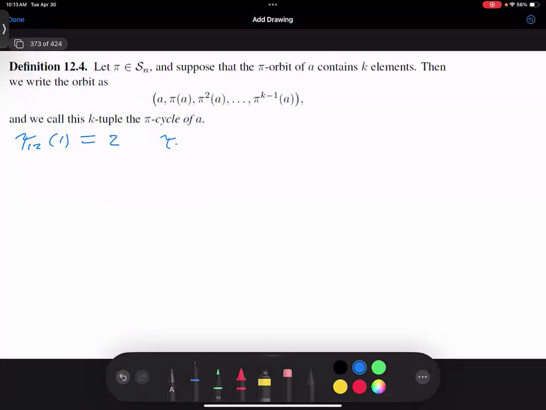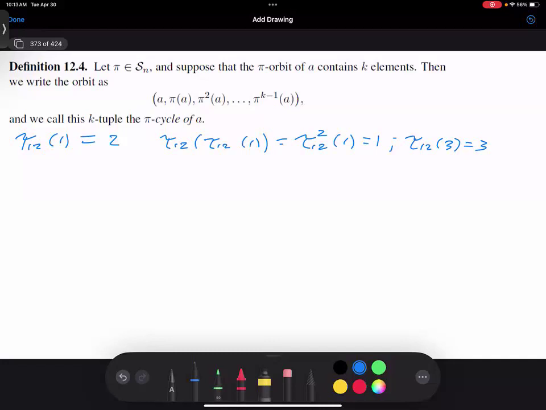And then what would tau (1 2) of tau (1 2) of 1 equal? So that's tau (1 2) squared of 1. It would be back to 1. And we would get tau (1 2) of 3 would just be 3. So we could write tau (1 2) as a nice orbit like this.